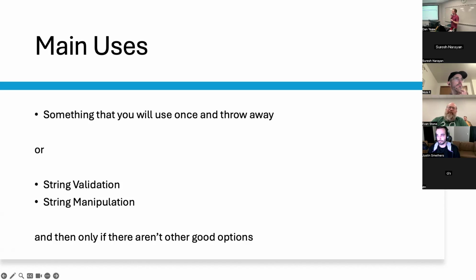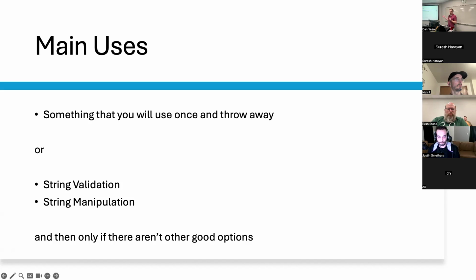Other things that regular expressions are really good at are string validation and string manipulation. By validation I mean, is this string that I got in the format of an email address or a phone number, something like that?